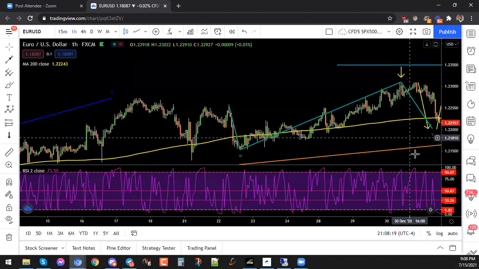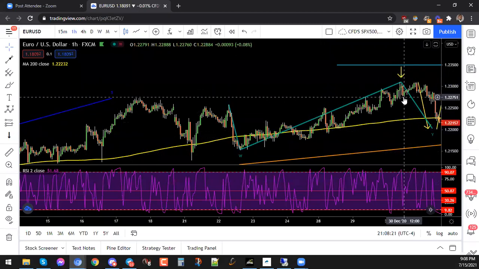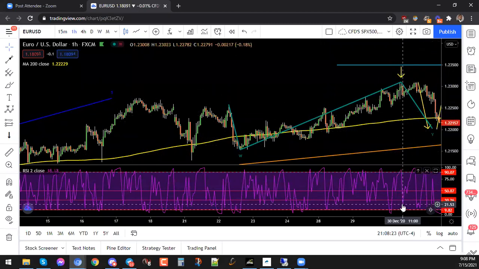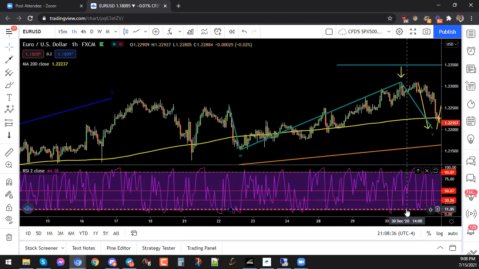So this is my aggressive wave. So you can see this is the impulse, came down into this area here. Now with the RSI between 10 and 30, this is where you're looking at what a lot of traders like to call oversold, right?